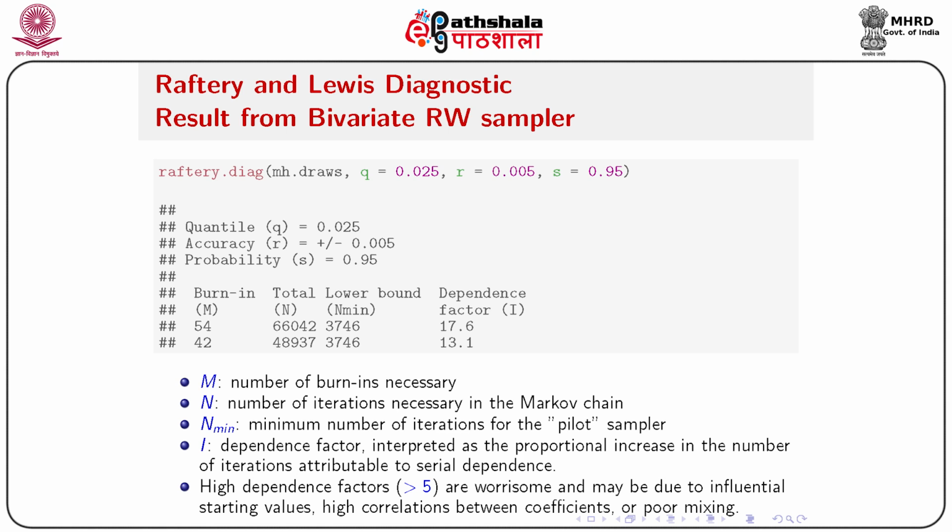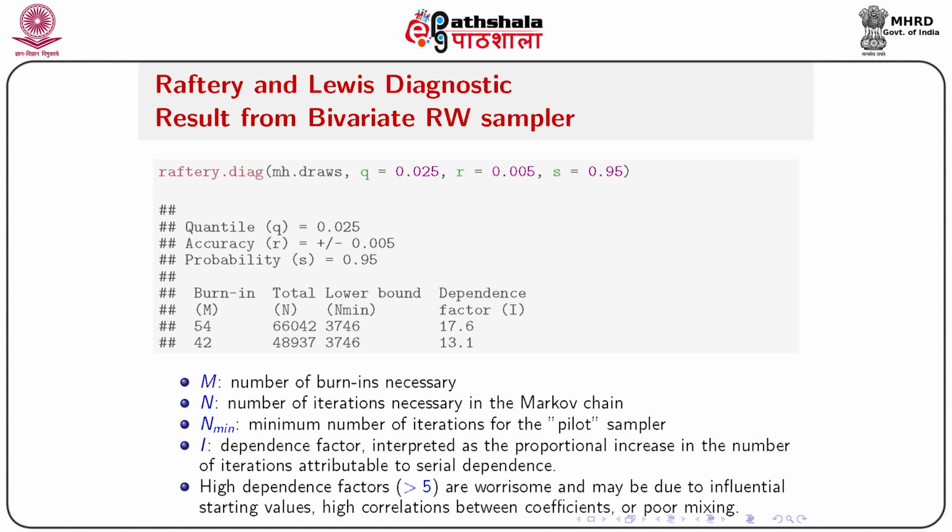We can again take the first multivariate random walk sampler that I generated, that is the MCMC object, and pass it through the raftery.diag function. Remember, these functions are all from the CODA package, so you have to load the CODA package first and then specify the quantile Q equals 0.025, R equals 0.005 and S equals 0.95.